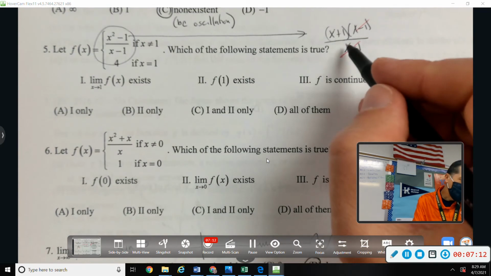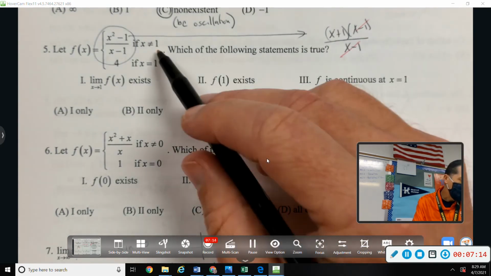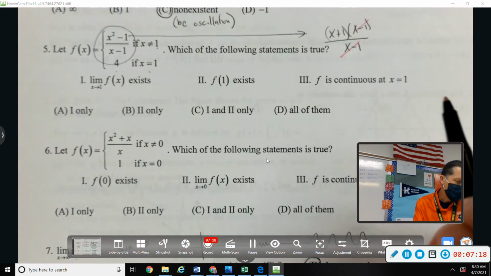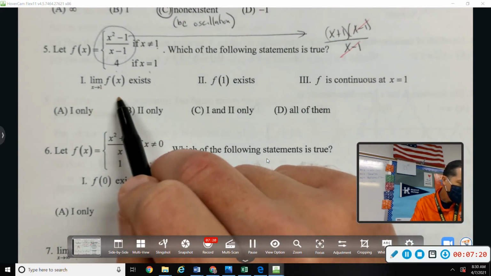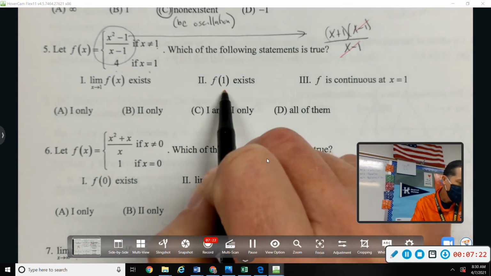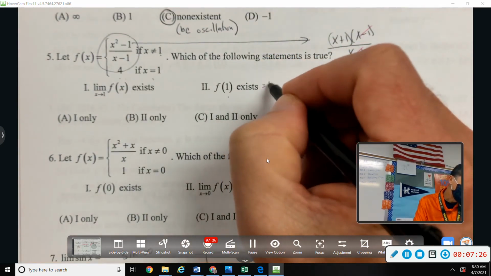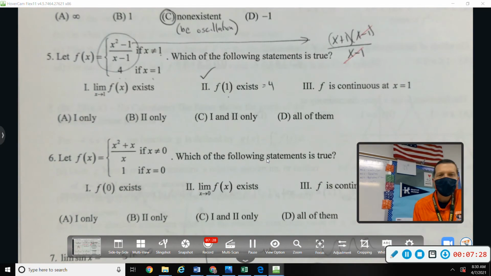So that's a graph of x plus 1 when x is not equal to 1, and y equals 4 when x equals 1. The limit as x approaches 1 of f of x definitely exists, because that's 4. So I can definitely say 2 is true.